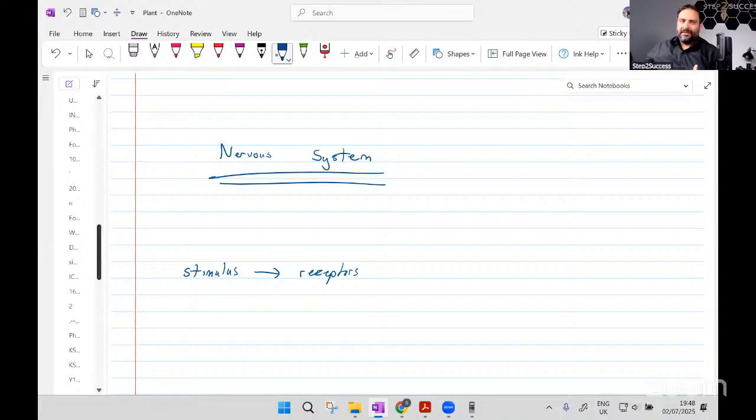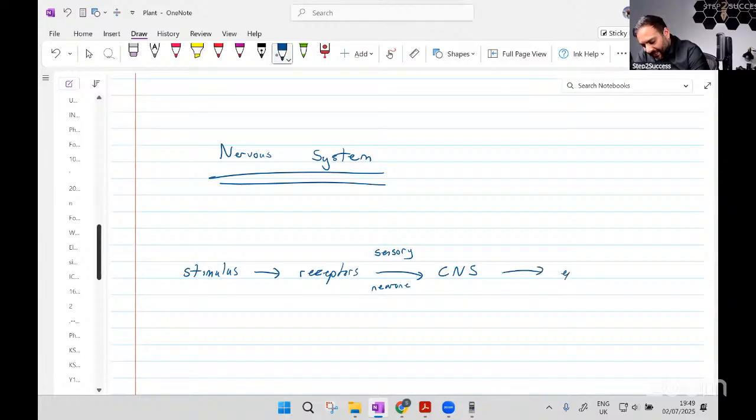You have receptors in your skin and around your body that are basically measuring that everything's okay. And if there's a problem, then they will constantly be sending electrical impulses to your brain. They send impulses to your central nervous system. They send it down a sensory neuron. That's the name of the nerve cell that carries impulses from the receptor to the central nervous system. The central nervous system sends messages to an effector.